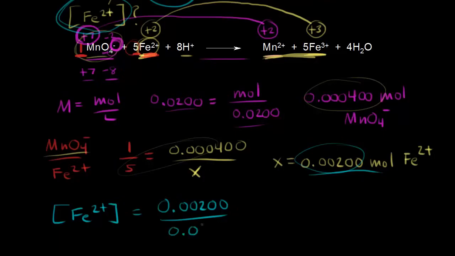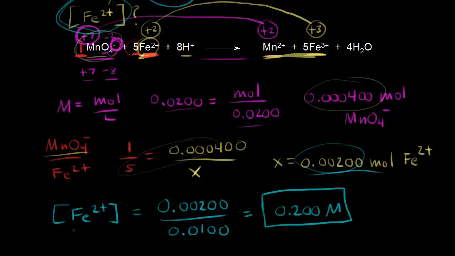And 0.002 divided by 0.01 is equal to 0.2. So this is equal to 0.2 molar. And that was the original concentration of iron 2+ ions in solution. You could have used the MV is equal to MV equation and modified it because our ratio isn't 1-to-1 here. So that's another way to do it. But I prefer to actually sit down and do these calculations and think about exactly what's happening.